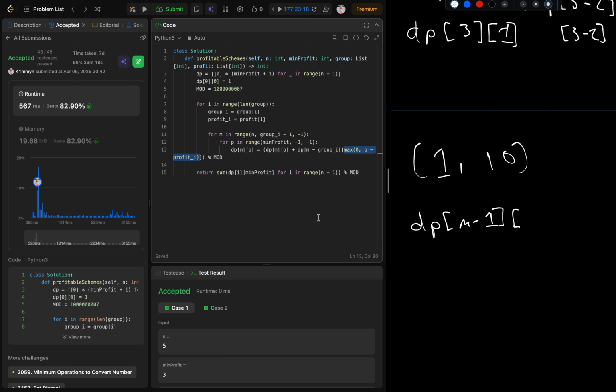But if you think about it, it's like for all the possible profits that we could be at, to get to that profit, we need to be at P minus profit I. Like if we took that crime, it would be that we were at P minus profit I. But if that was negative, then the only possibility was that we took that crime when we had zero profit, because we can't have negative profits, right?